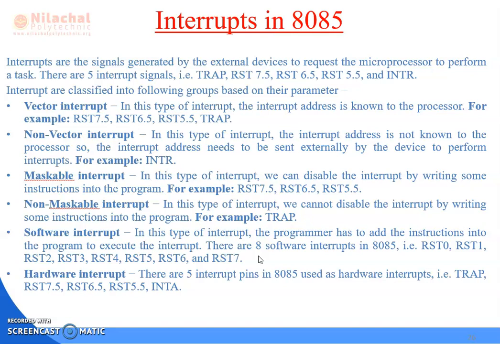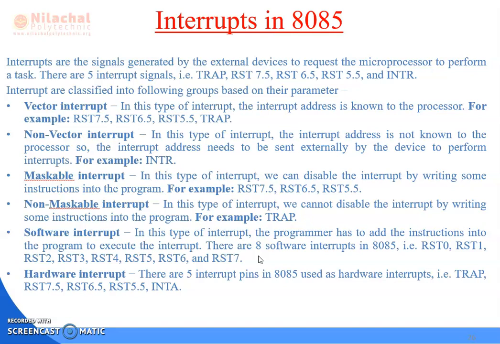Interrupts are classified into the following groups based on their parameter. So these are vector interrupt, non-vector interrupt, maskable interrupt, non-maskable interrupt, software interrupt and hardware interrupt.